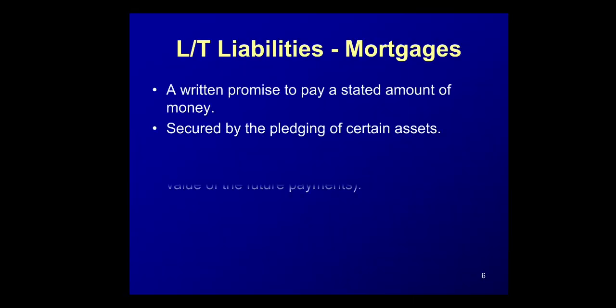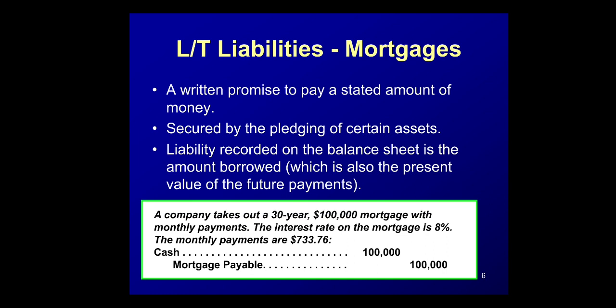Okay, this is the typical long-term liability, the mortgages. I think most of the time we call this a long-term loan. So let's see. Mortgages or long-term loan is a written promise to pay a stated amount of money, and it is secured by pledging of certain assets.